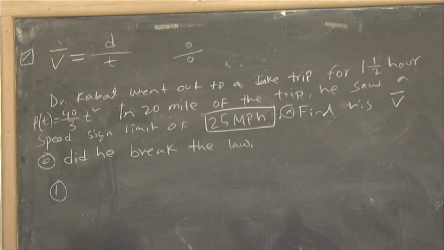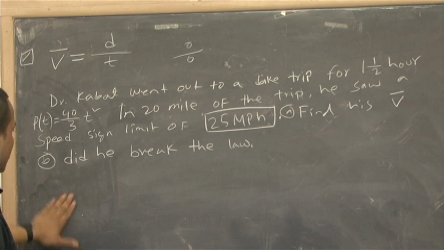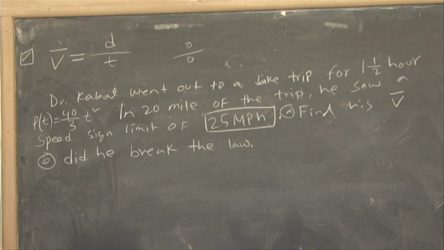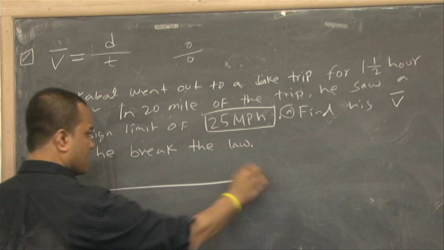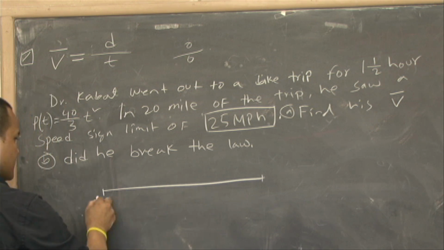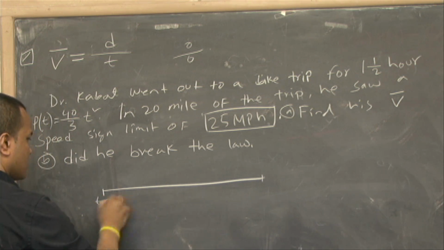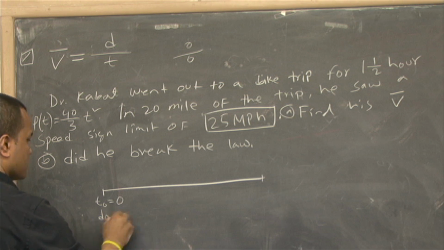So let's first find his average velocity. To find the average velocity, we have to know his distance. So let's draw first. That's where he begins, that's where he ends. Let's see, t naught is 0 and d naught maybe also is 0.